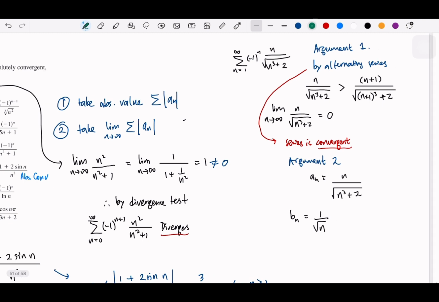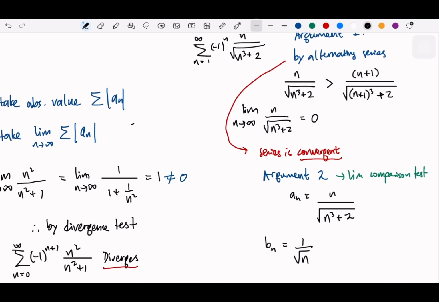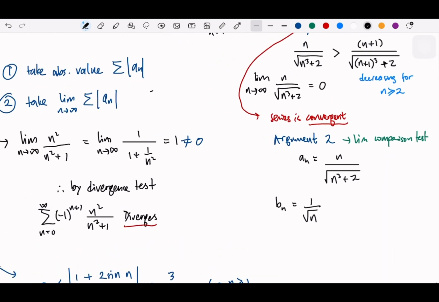We are going to use the limit comparison test. Maybe to make it precise, this is decreasing for n starting from 2. From 1 it is still not true, but it will work for n equal to 2.